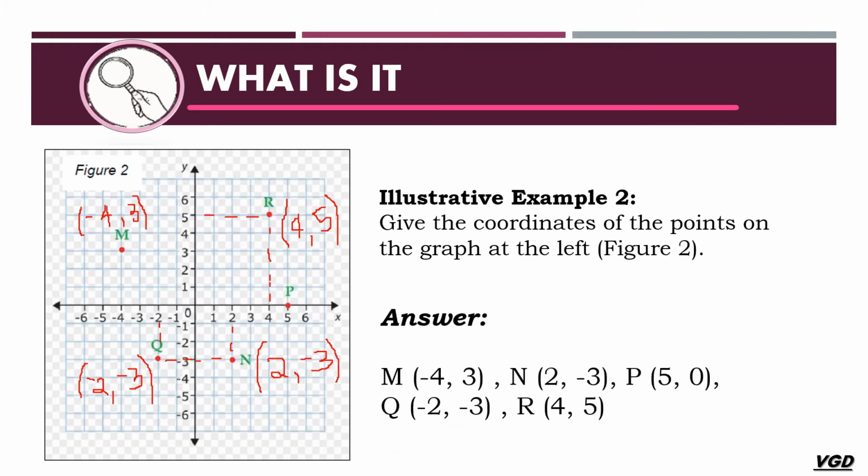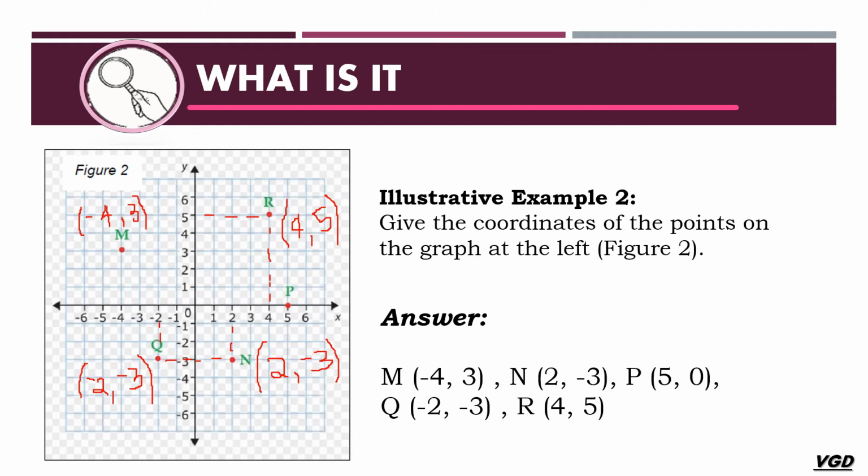Therefore, the point M has the following coordinates: -4 and 3. Point N has 2 and -3. Point P, yes, we still have point P, in which the x value is 5 and it lies on the x-axis.